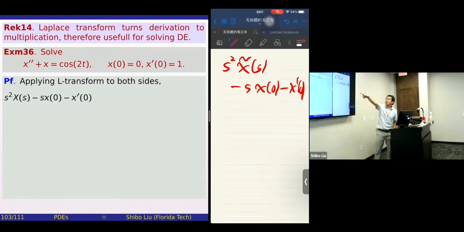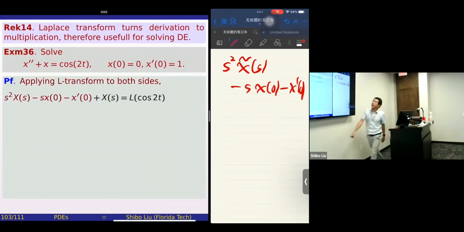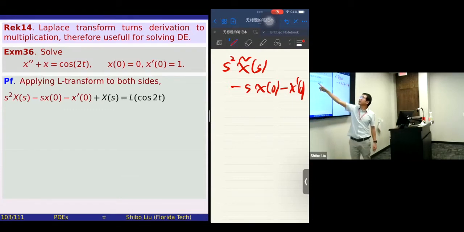Now, this is the Laplace transform of the left-hand side. Now, the right-hand side. This is just the x double prime. We still have an x, that is capital X. Then this equals the Laplace transform of the right-hand side. For the functions we encounter from time to time, there is a table of Laplace transforms.